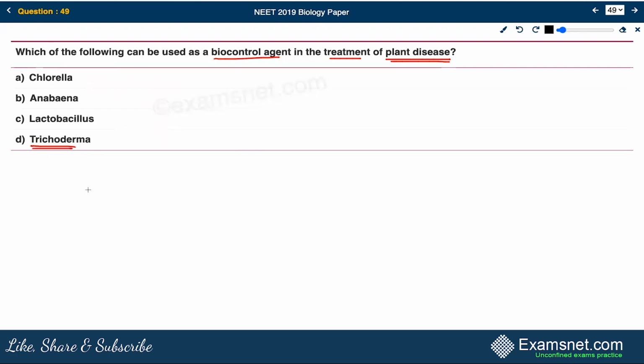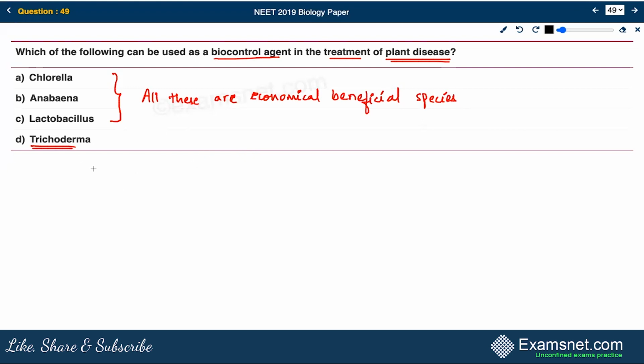All right, so all these species, if you look at these three, that means Chlorella, Anabaena, and Lactobacillus, all of these are economically beneficial species, you can say. And if anything is economically beneficial, then definitely it won't be causing any kind of diseases.